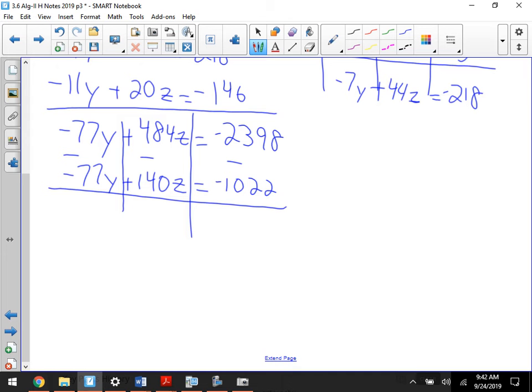484 minus the 140 is 344. And then this would be a negative 6731. Is it 4? Six? Okay. 6, 4. I have to remember which one it was. The negative.